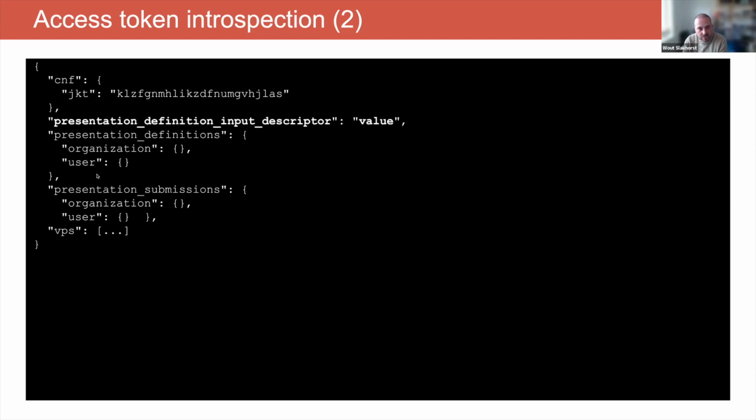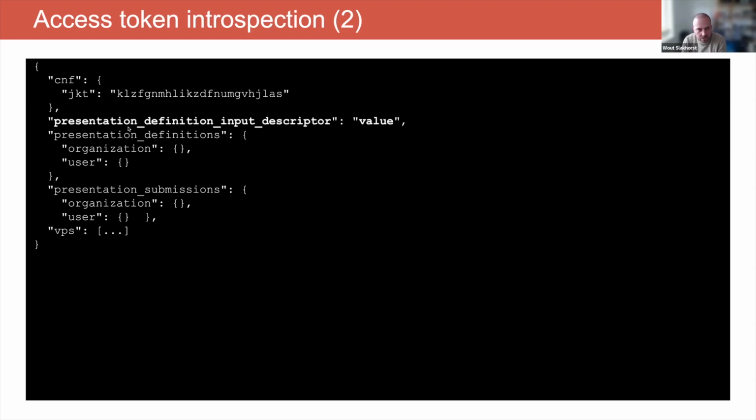The presentation definitions should contain all the presentation definitions that were required for that scope. The submissions tell you how the verifiable presentations map to the presentation definition. And then, of course, you will have the verifiable presentations as well, which is a pretty big structure with cryptographic signatures on it.